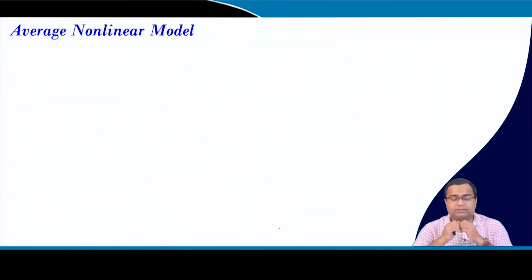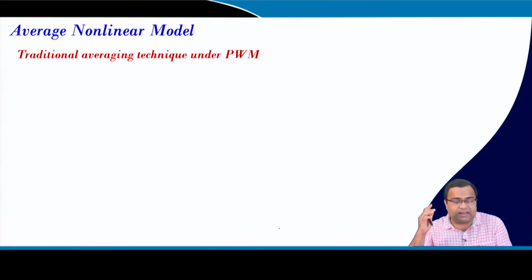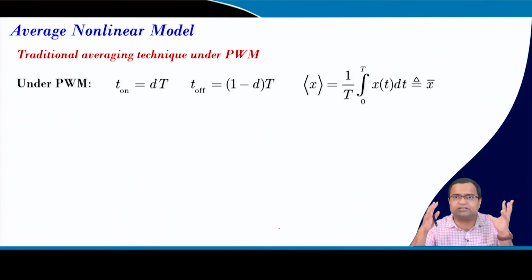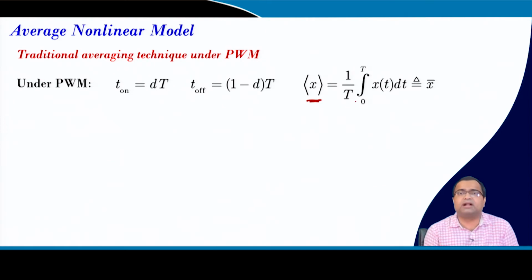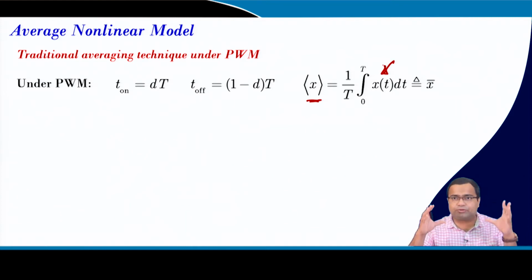Next, we obtain the average small signal model. We have discussed multiple times that if we operate in pulse width modulation, we can apply the traditional averaging technique, where the average quantity is, for any variable, its average over a complete switching cycle 0 to T, and we denote that as x bar.